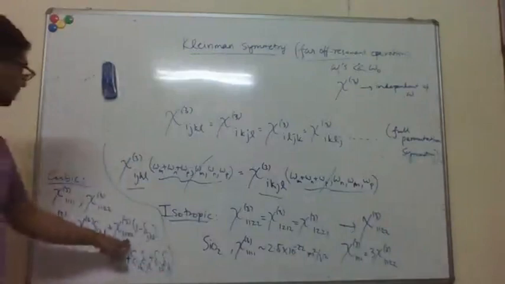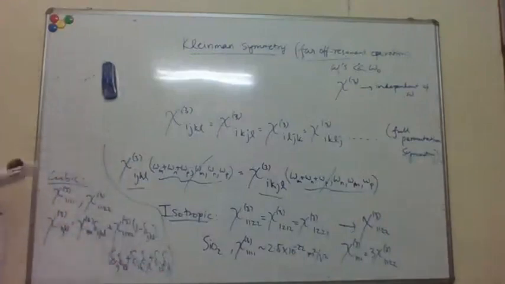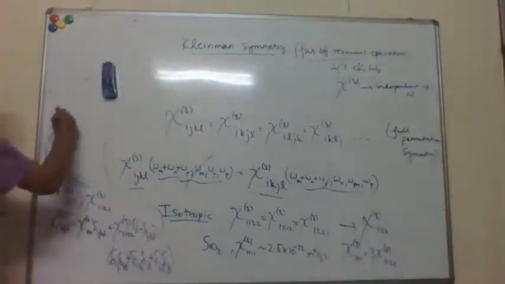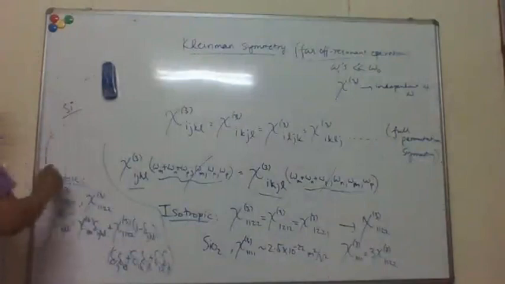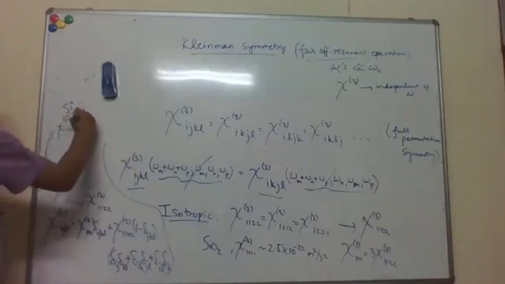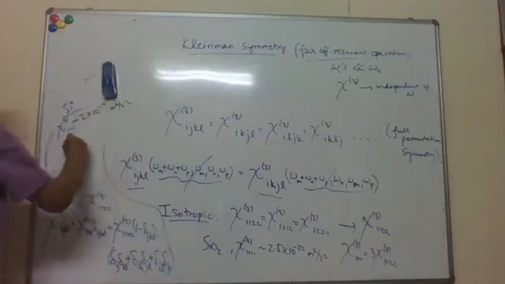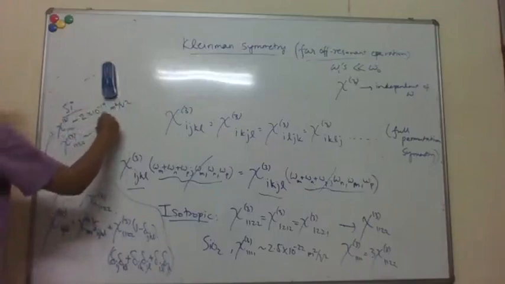Okay, so just 2 independent elements, and then any tensor element can be written in terms of this. So, for example, if I look at silicon, the diagonal element is about 2 times 10 to the minus 19, while this off diagonal one is about half that value.